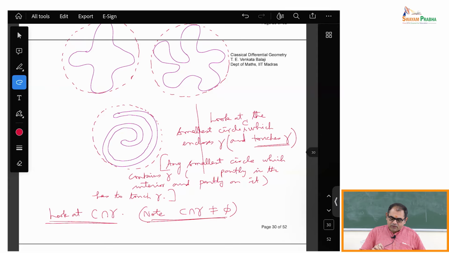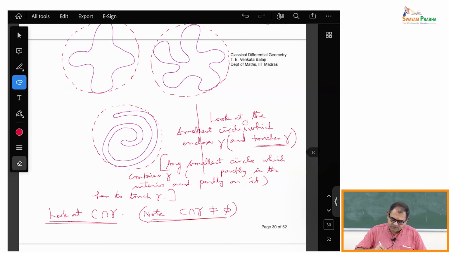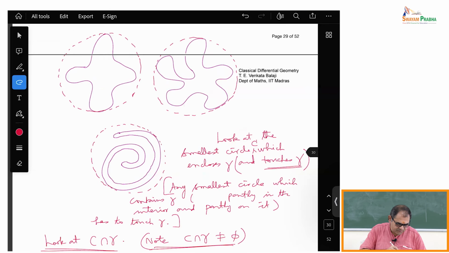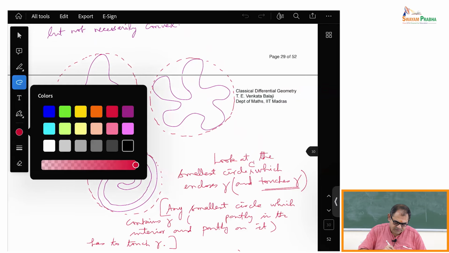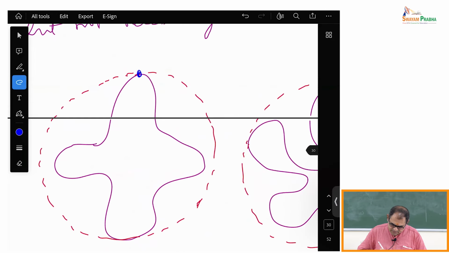So in this picture, I am interested in these points. Let me mark those points. For example, here I am interested in this point and this point.